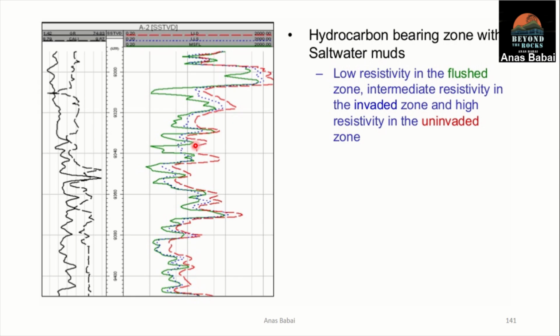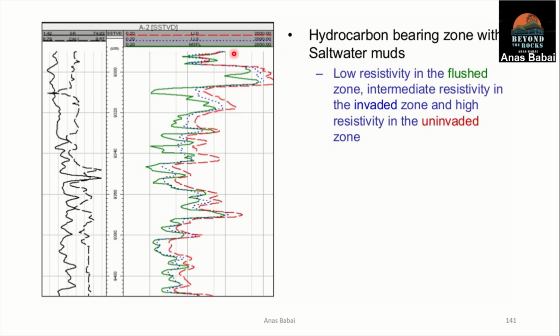Now another scenario is that we have a hydrocarbon bearing zone with salt water mud. We have hydrocarbon, so we're expecting that in our uninvaded zone, the Laterolog deep and Laterolog shallow, both of them will have high resistivity. And since we have salt water here, which has high conductivity, it will have low resistivity.